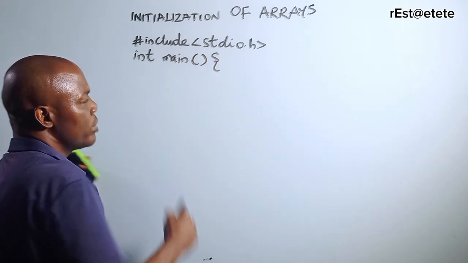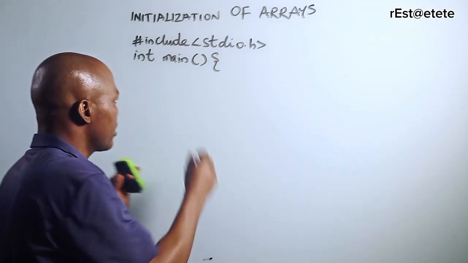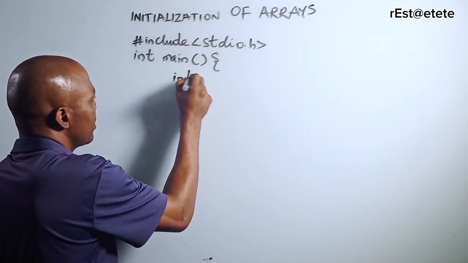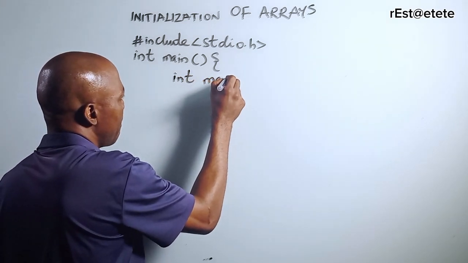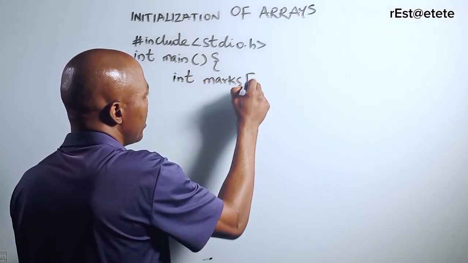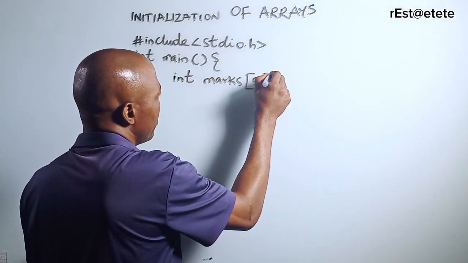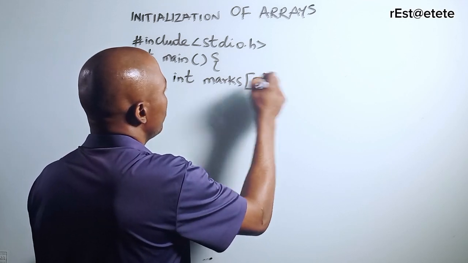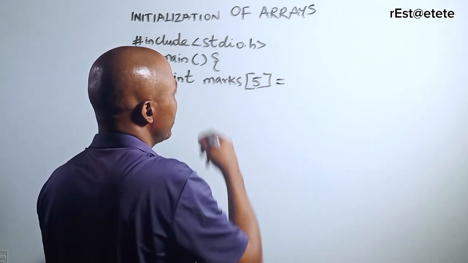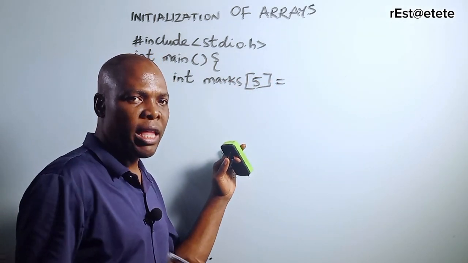Then here I'm going to declare an array. So I'll say int max, right? And then I'll say 5. So here now I'm going to initialize it. That is compile time initialization.